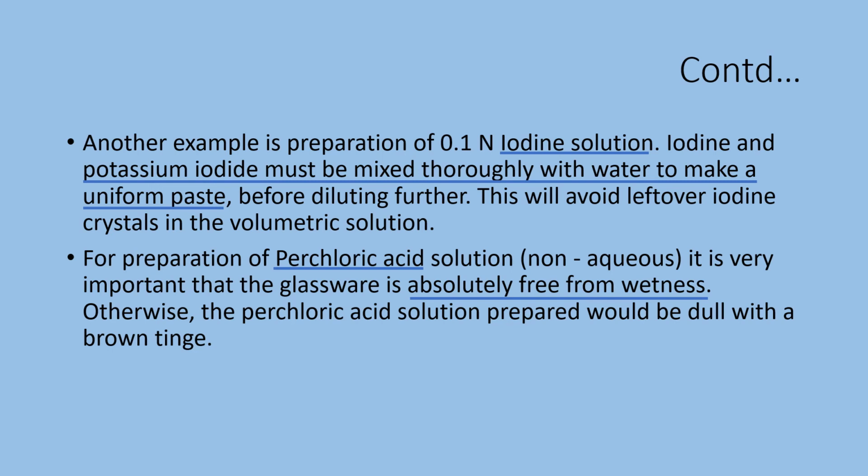The glassware used for preparation, including the measuring cylinders, storage containers, should be absolutely dry and free from any moisture. If there is excessive moisture, the perchloric acid solution will deteriorate to dull color very soon.